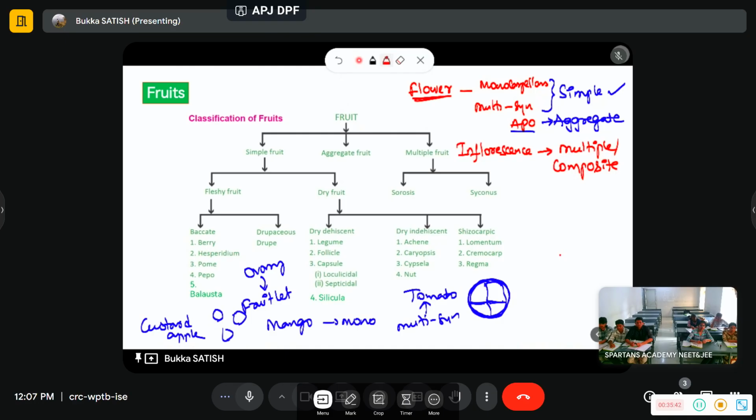So if it is a single flower, monocarpellary or syncarpous is a simple fruit, apocarpous condition is an aggregate fruit. If the whole inflorescence develops into fruit, then we call it a multiple fruit or composite fruit. At least you have to learn up to this level. Right. So this is the classification of fruits. You just write this. In this, there are some important fruit types that we'll write separately.